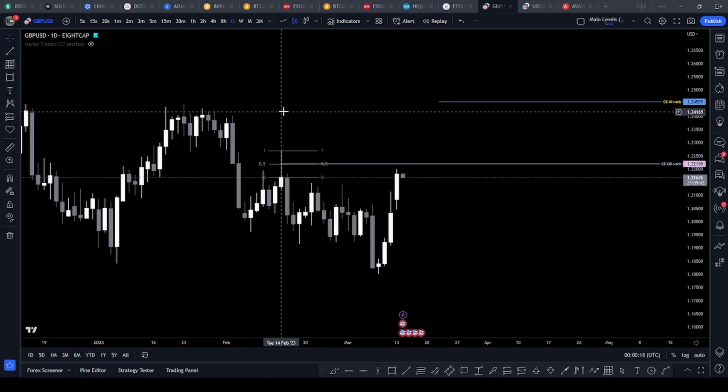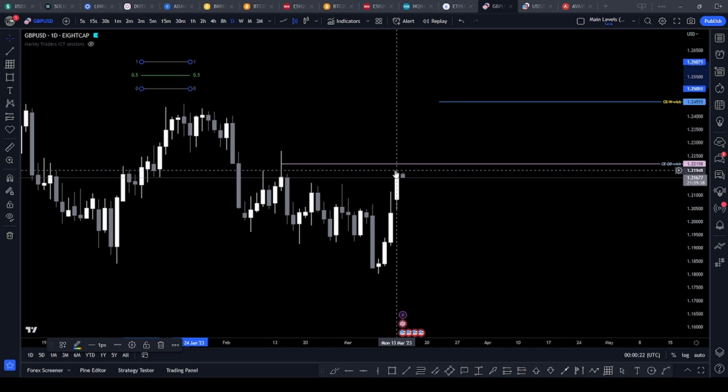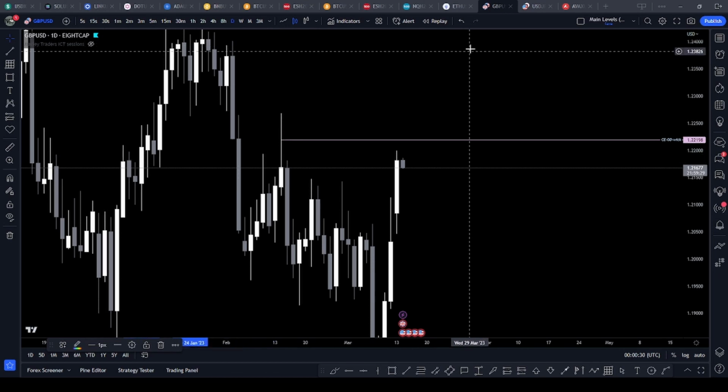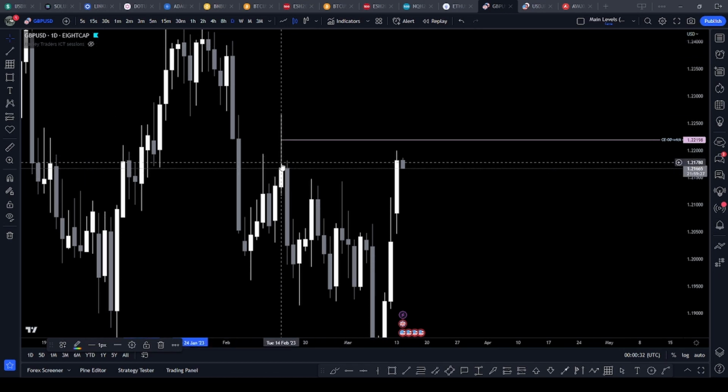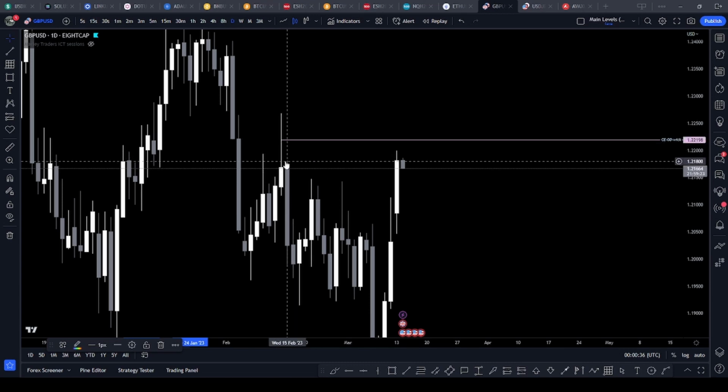The idea is that when price comes to this area, it might reject from it. So if you're looking at this, it's GBP USD, and it's already taken buy side on a daily time frame. It rejected from here.